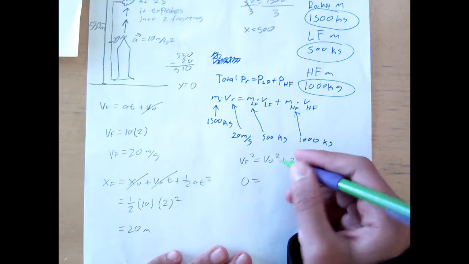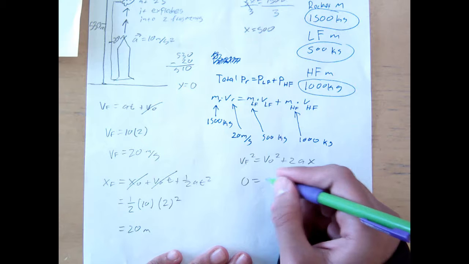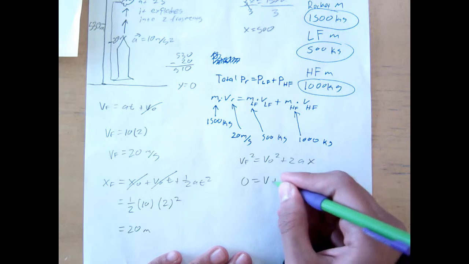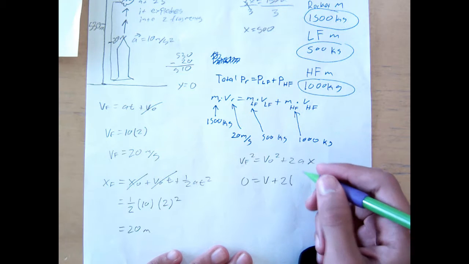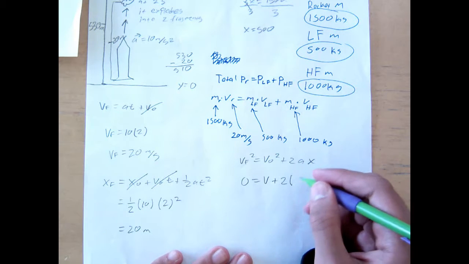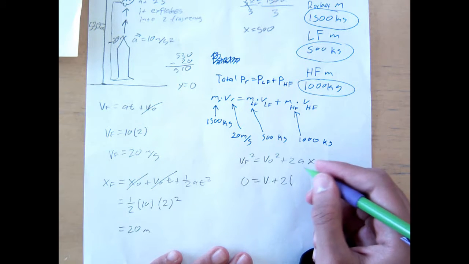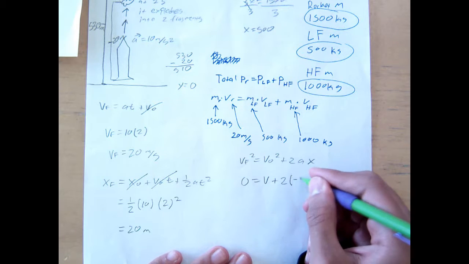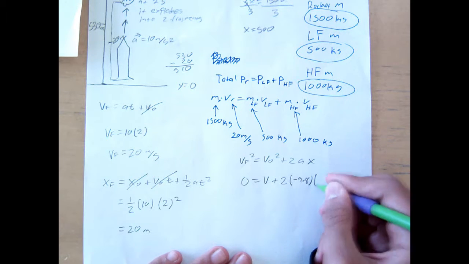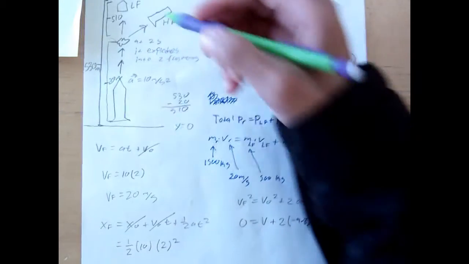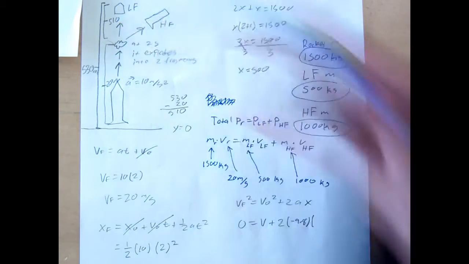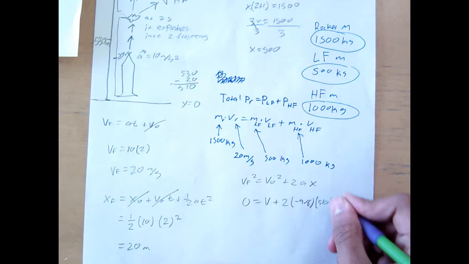The initial velocity is our unknown, plus 2 times, because the fragment's not accelerating anymore, it's actually decelerating with gravity, so it would be negative 9.8. And the change in distance we just found, which is 510 meters, so we can put 510 there.